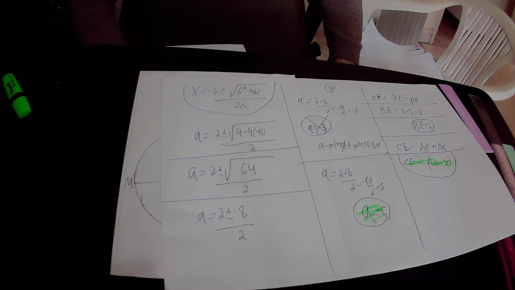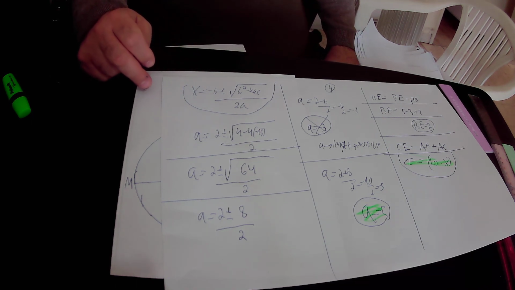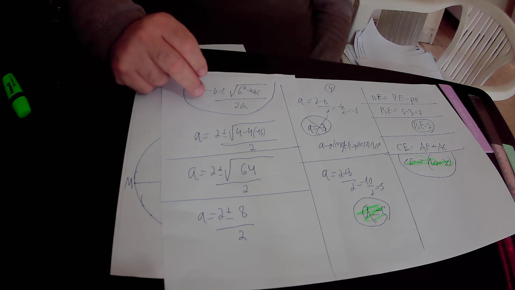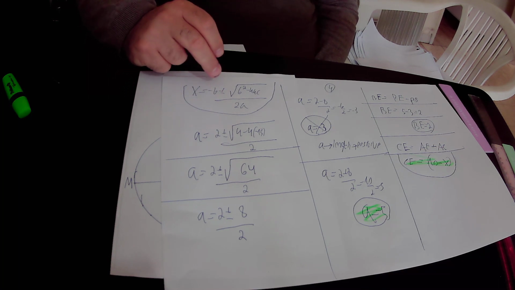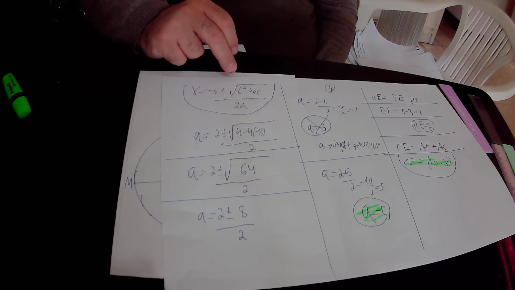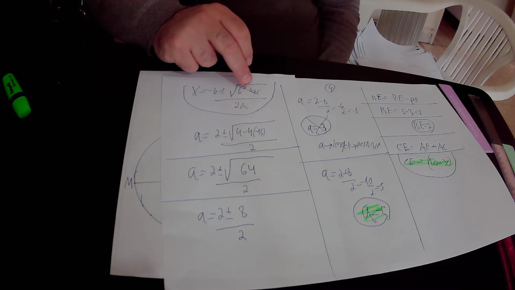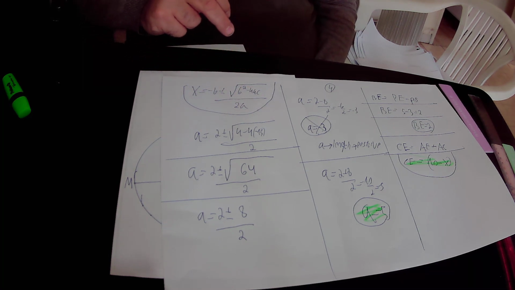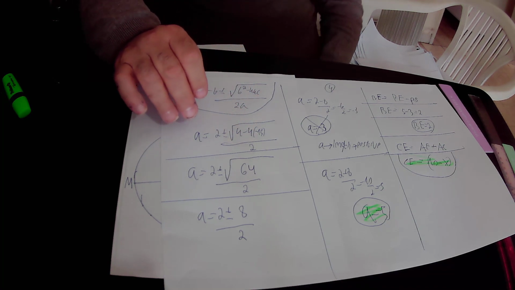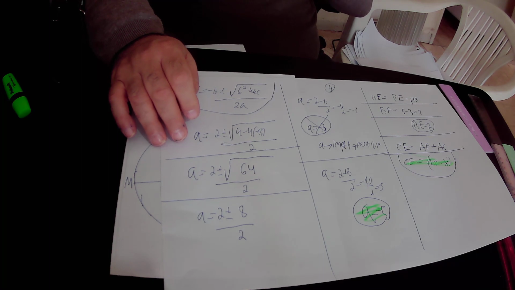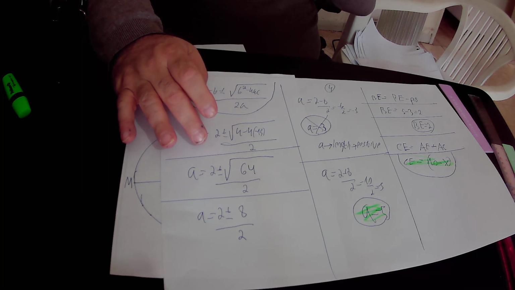In our specific equation, x equals a, and it equals minus b. b equals minus 2, so minus b is 2, plus minus square root of b squared. b is minus 2, so b squared is 4, minus 4 times a, which is 1, times c, which is minus 15, over 2a. a is 1, so 2 times 1 is 2. So here we have a equals 2 plus minus.